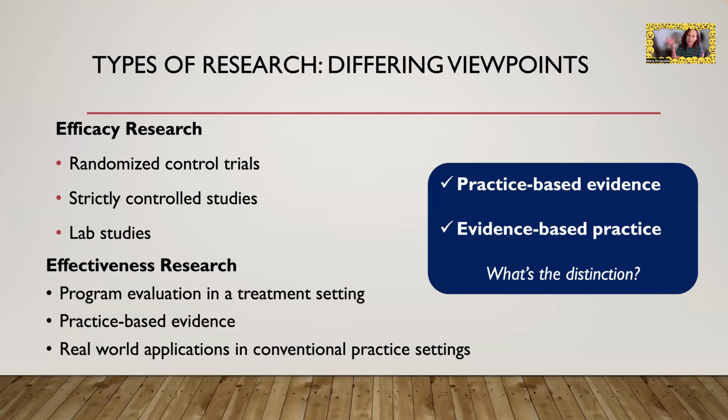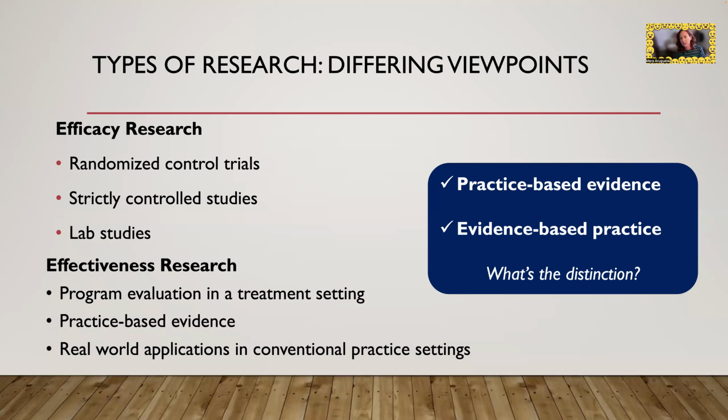And if they improve after the program, then we're going to talk about that as an effective program. Now, it's not a randomized control trial. It's really not that great as an experimental study, right? But nonetheless, we're trying to demonstrate that this treatment works in a real life setting. Okay.